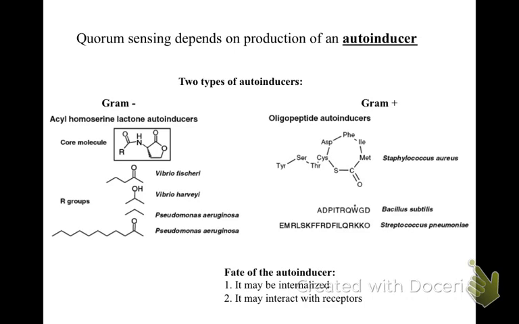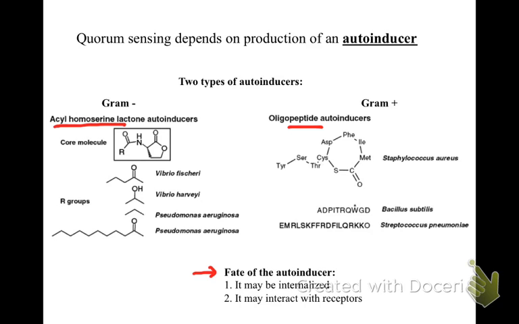Now that we've established that there are two types of autoinducers, depending on whether you are a gram-positive or a gram-negative organism, a peptide in a gram-positive and an AHL in a gram-negative, I also want to let you know that the autoinducer can be interpreted by the cell in two different ways.